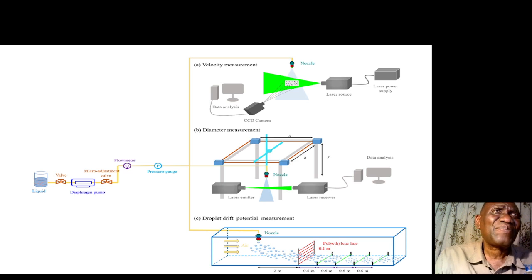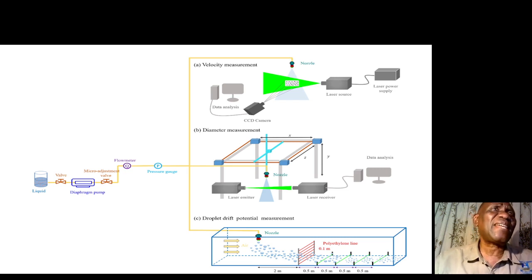You can see that green area at the top there's a nozzle which is delivering droplets, and there are instruments which are going to measure the speed at which these droplets are moving.